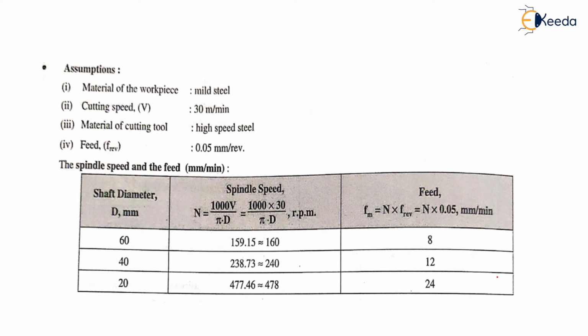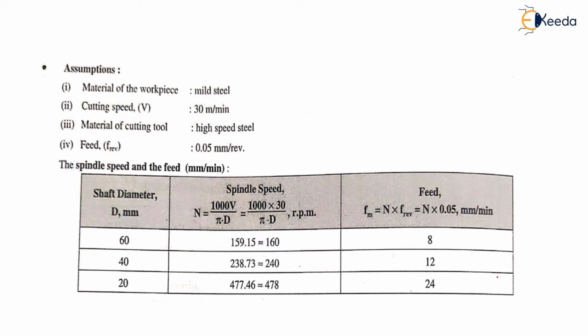For that purpose we can calculate the spindle speed. As we know, cutting velocity VC is equal to pi d n by 1000. So n is equal to 1000 V divided by pi d. V is already considered, that is cutting speed 30 meters per minute, and the diameters are already given: 60, 40 and 20. So we get the RPM. For 60, 160 RPM; for 40, 240 RPM; for 20, 478 RPM.